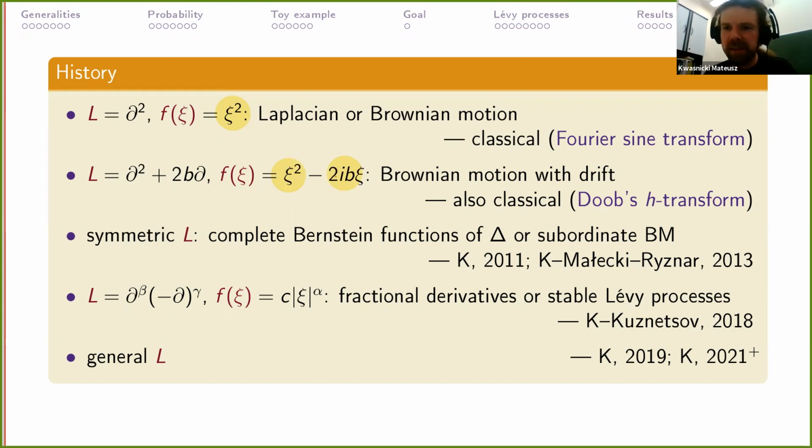Perhaps they have not been stated in that way, but it's very standard. For symmetric operators L, this result is given in two papers from 2011 and 13. And there's another paper that I did not mention, which deals with fractional derivatives, or if you come from probability, with stable Lévy processes.